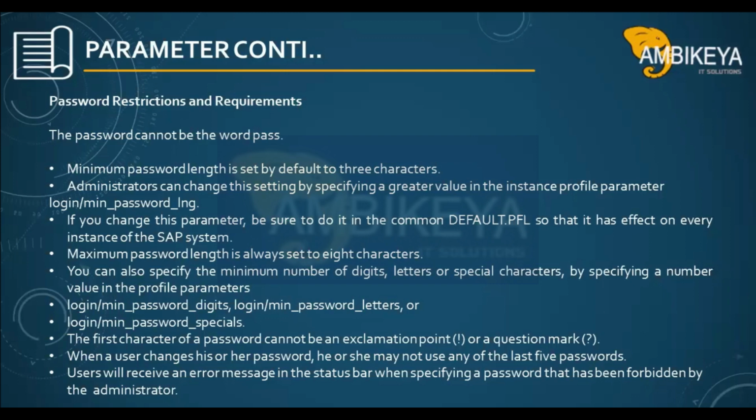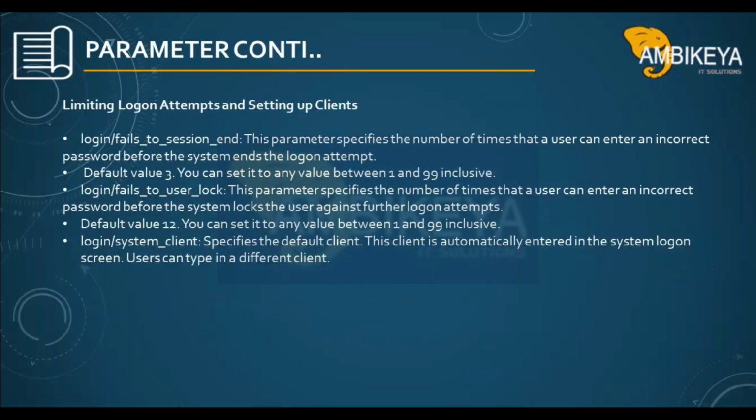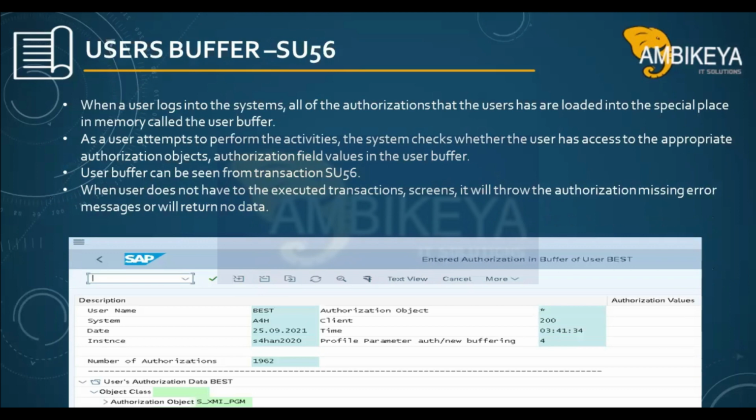Then SU56. So that is done with the logon and user creation. Where exactly can we know what access a user has, where does it get stored? It is available in the user buffer. The user buffer is just like a bucket in which whatever you have is available. You can check it.